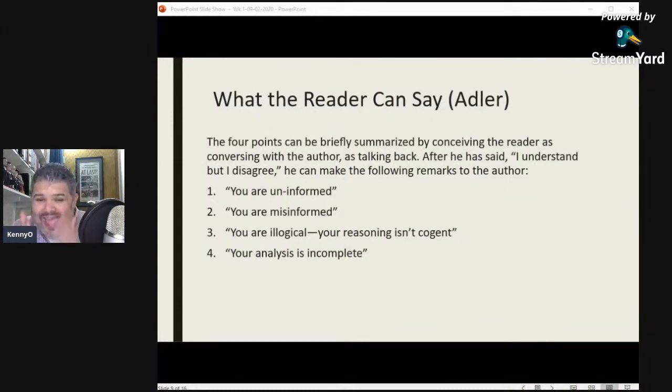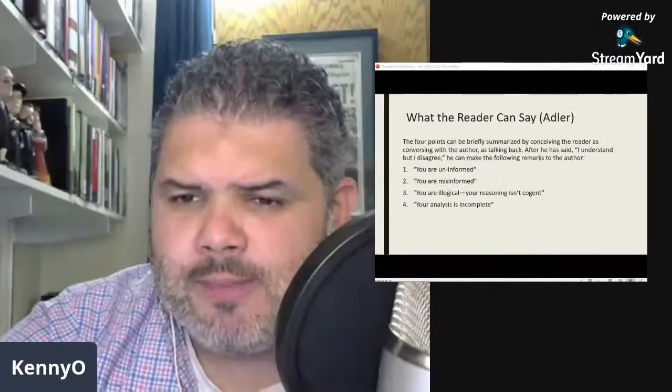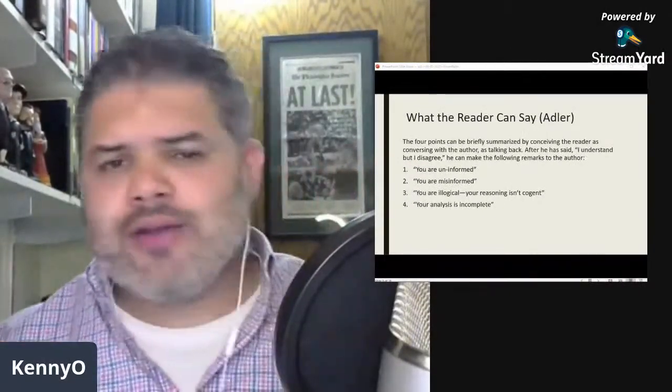If you are not capable of clearly explaining one of these four, or why someone is falling short in one of these four areas, then quite frankly, you probably don't have the basis for an actual disagreement, right? I think this is extremely important in a lot of ways. So Mortimer Adler's work is really good.